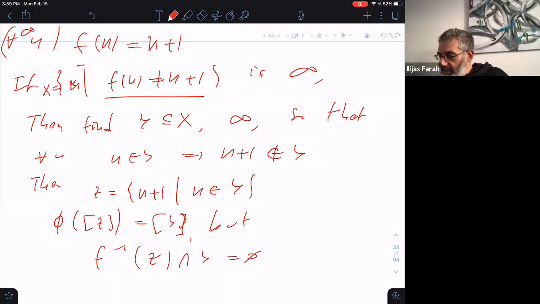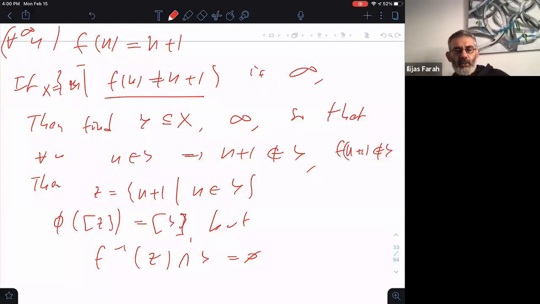So this is true, and also f of n plus 1. I think I want this to be basically just spaced out enough to avoid having something like this, and you get this. Right.